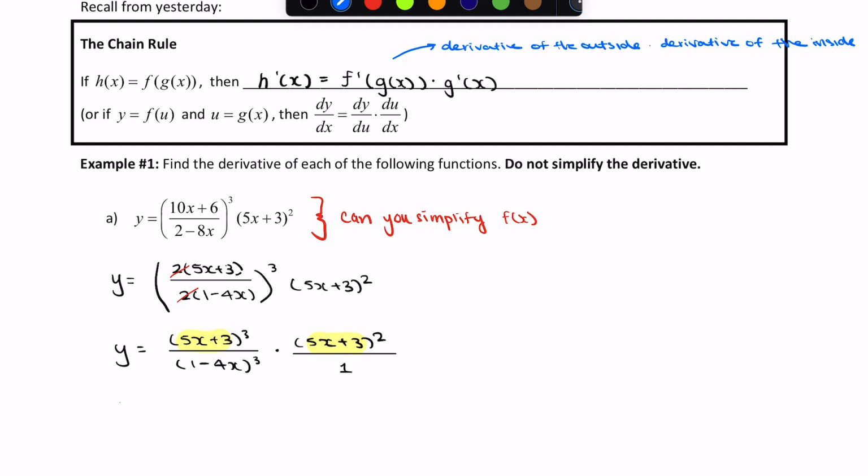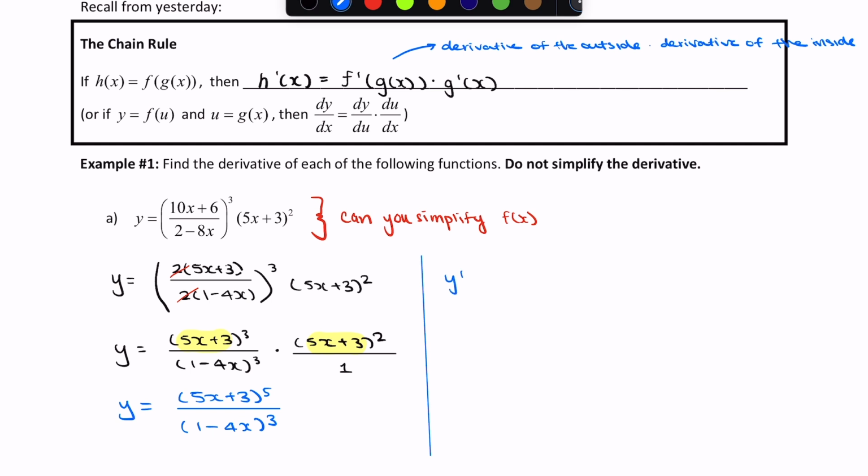So here we have our expression simplified as 5x plus 3 to the power 5 over 1 minus 4x to the power of 3. Okay, so that's our simplified expression.